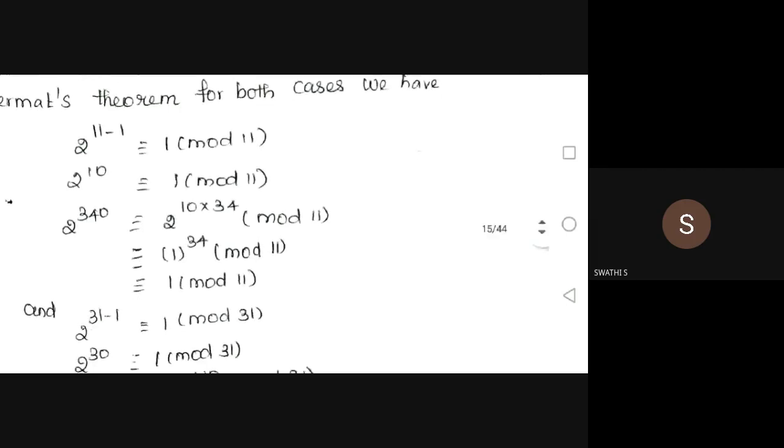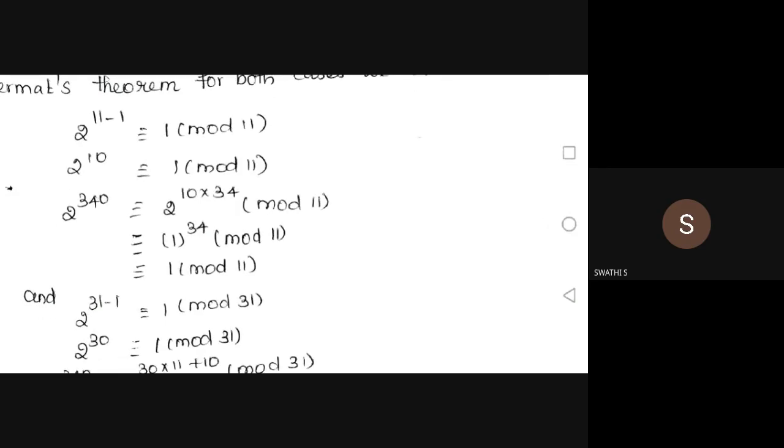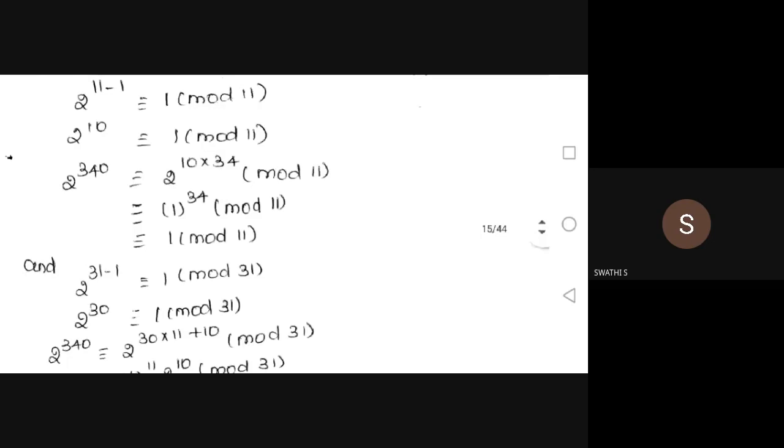So 31 minus 1 is 30, so 2 power 30 is congruent to 1 under mod 31. For the least residue of 2 power 340, 2 power 340 is congruent to 2 power 30 into 11 plus 10.